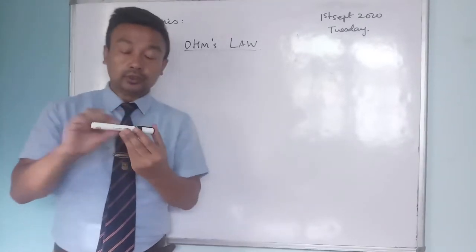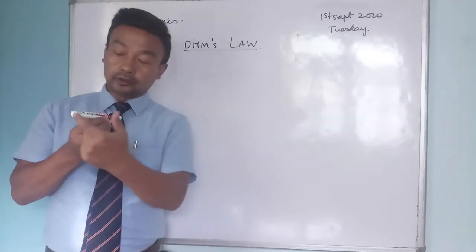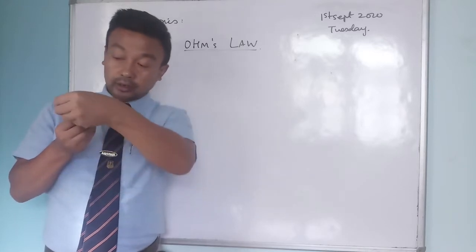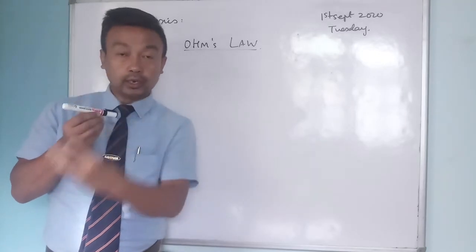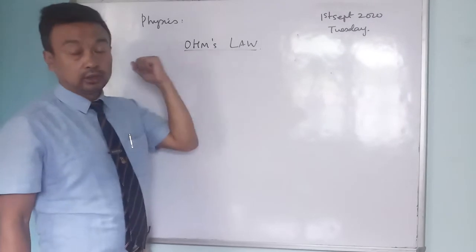Suppose this is a conductor and across its ends you have a potential difference, and the current is flowing from one end to another. Between these two quantities, one relation is obtained, and that relation is called Ohm's law.